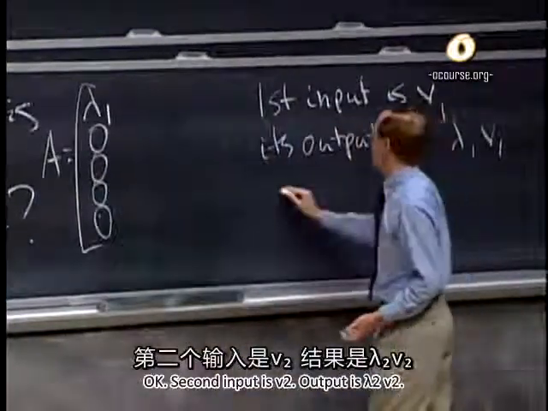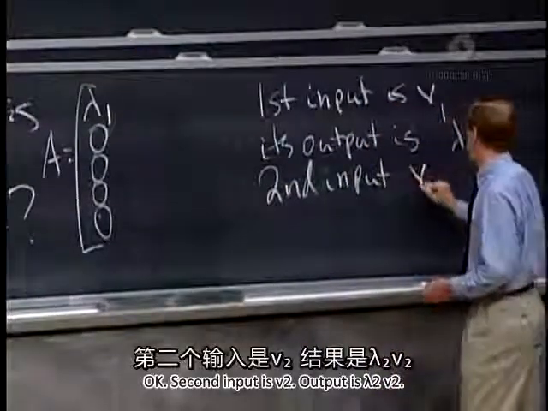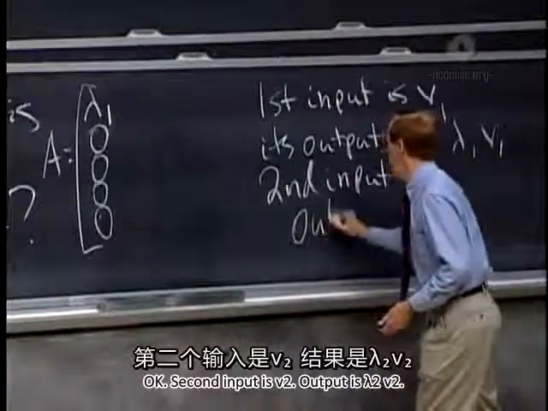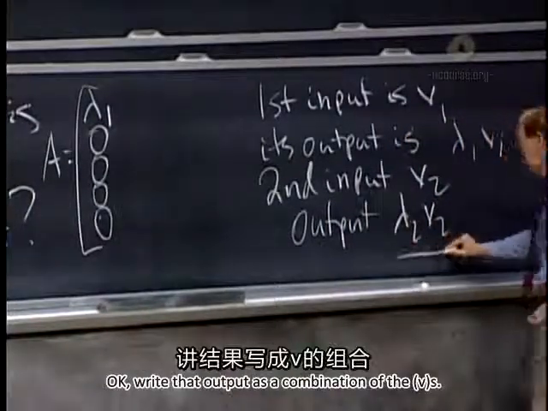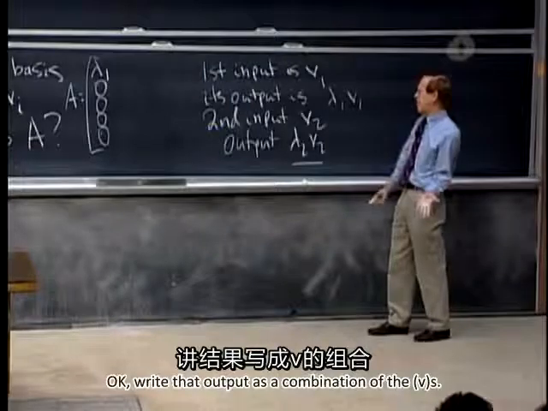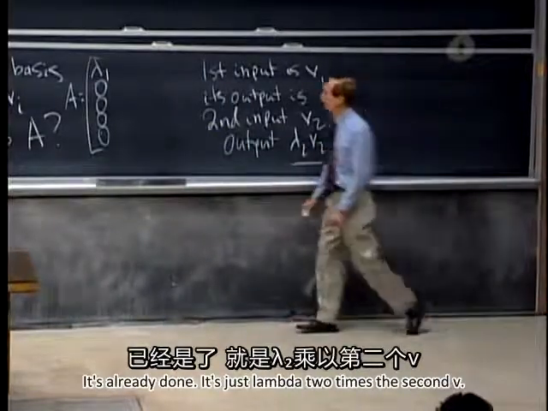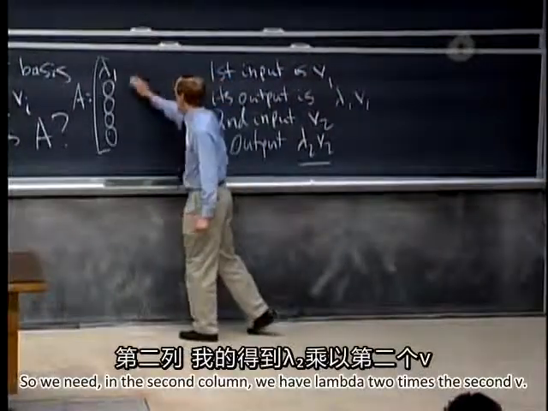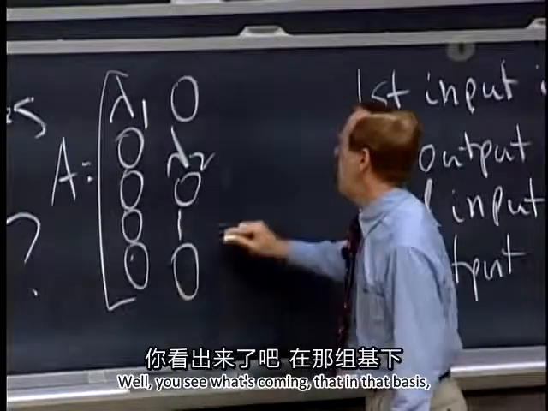Okay? Second input is V2. Output is lambda 2 V2. Okay, write that output as a combination of the V's. It's already done. It's just lambda 2 times the second V. So in the second column, we have lambda 2 times the second V. Well, you see what's coming.